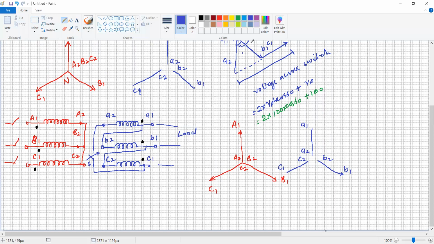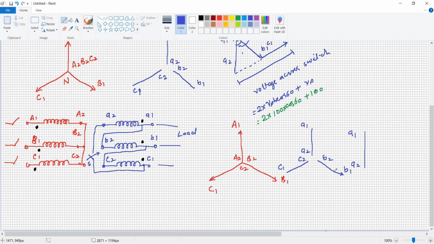So first we will draw the vector here: this is terminal A1 and this is terminal A2.